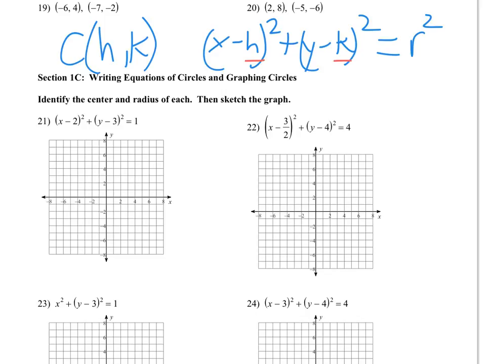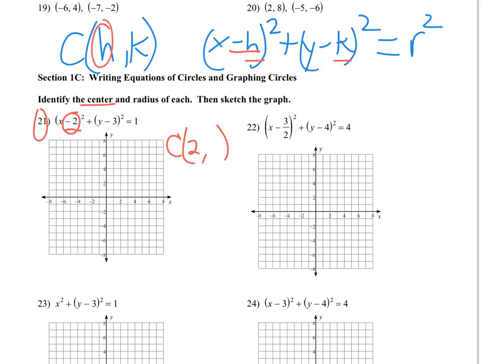Okay, so we'll look at 21 here. 21 is x minus 2 squared plus y minus 3 squared equals 1. So we need to identify the center. If we look at this little minus 2 right there, notice it's minus in the formula, so it's really going to be the opposite of that. So my x-coordinate is 2. That's my h, or this value.